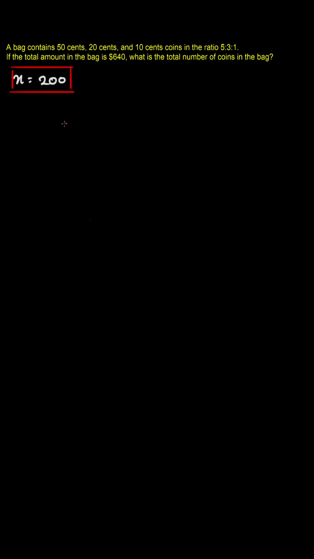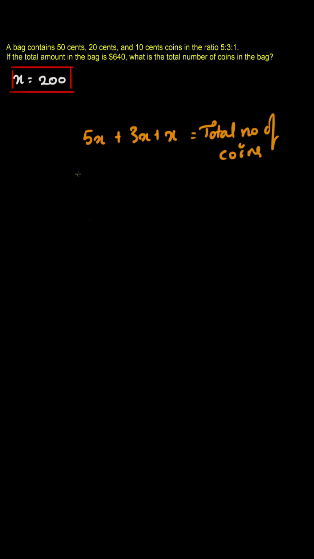To know the total number of coins, we need 5x plus 3x plus x, and that's the total number of coins in the bag. We know the x value, so let's substitute.